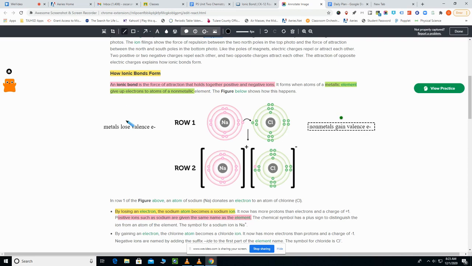When metals lose valence electrons, they lose negative charges, so they become positive, and those positively charged atoms we call cations. Nonmetals gain valence electrons and become negatively charged ions, and we call those anions.